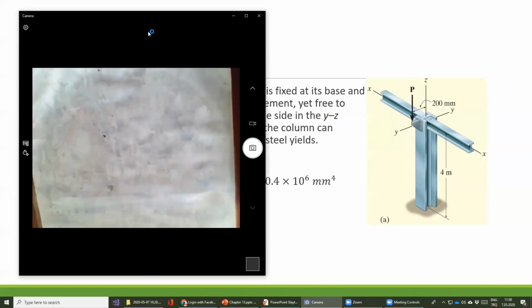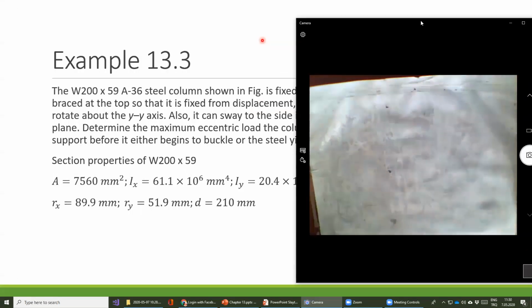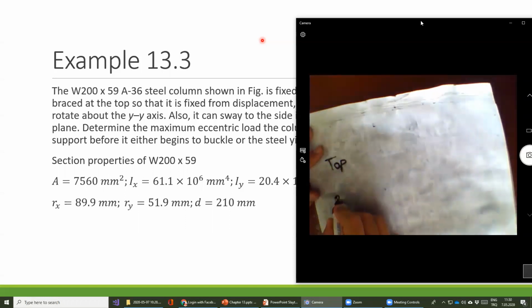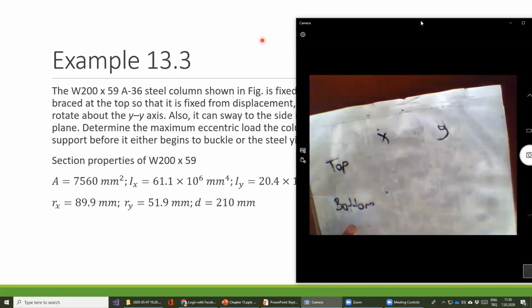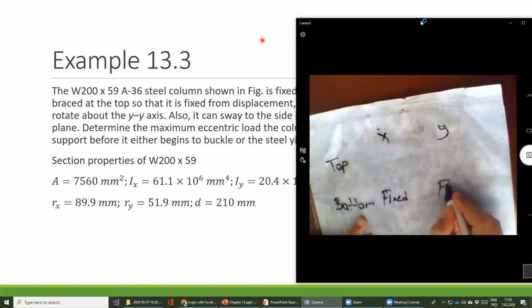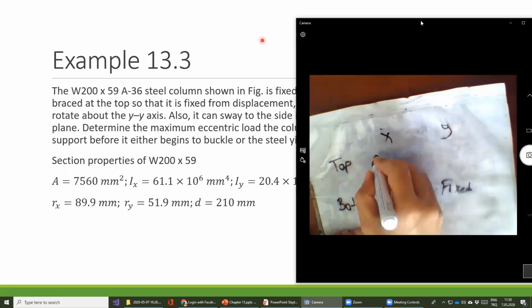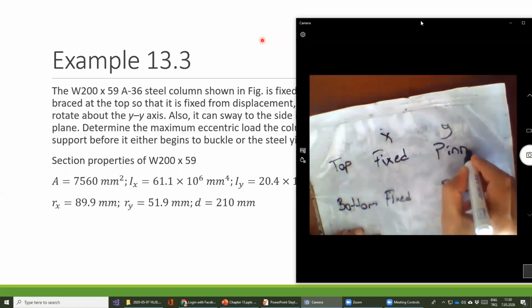After reading the question, the question says that for the bottom, both axes are fixed, but on the top side, for the x-axis it is again fixed, but for the y-axis it is a pin.